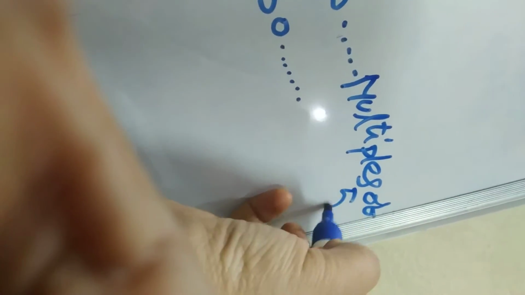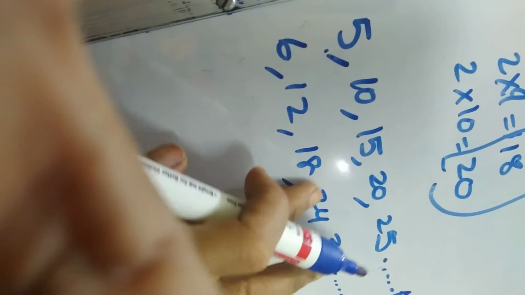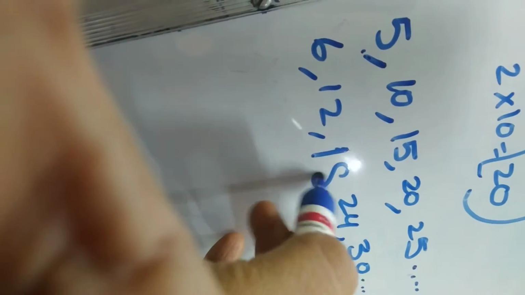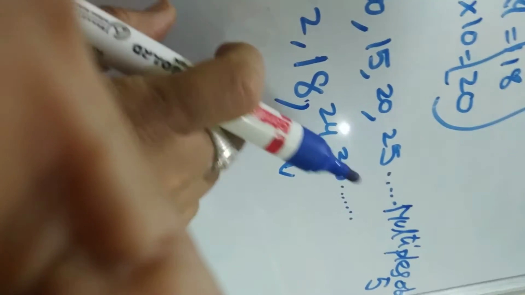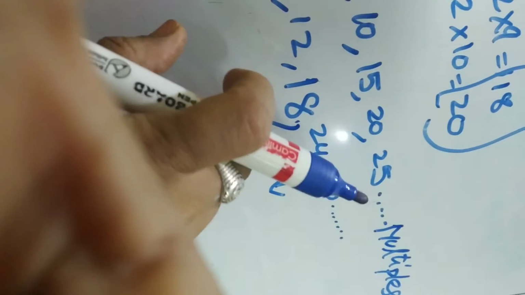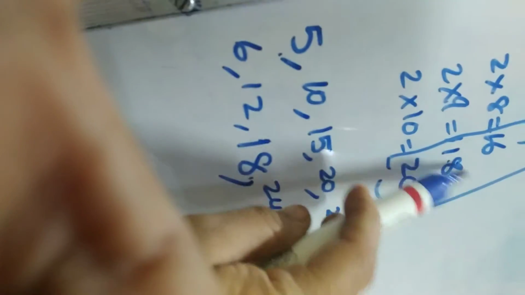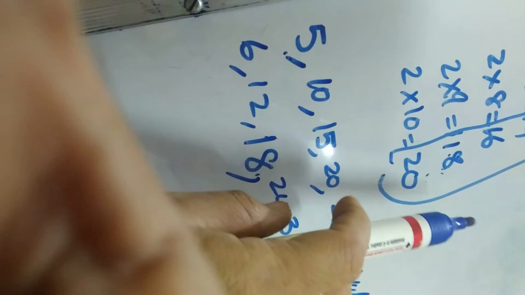Next, you say these are 6, 12, 18. 6 ones are 6, 6 twos are 12, 6 threes are 18, 6 fours are 24, 6 fives are 30. These are multiples of 6. So, how can you define multiples? When two or more numbers are multiplied, the product is called a multiple of each of the numbers being multiplied.